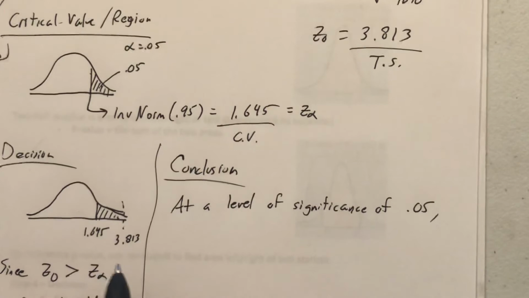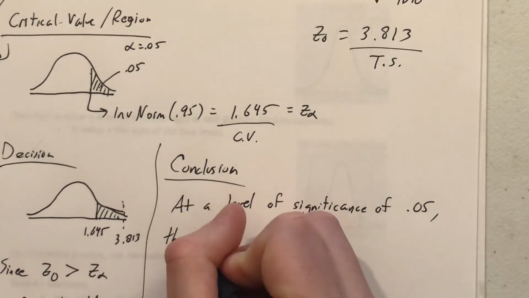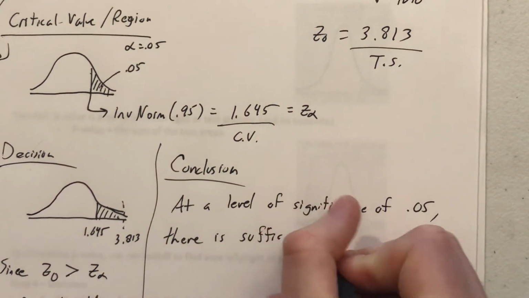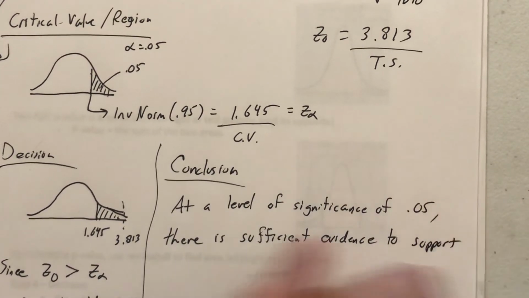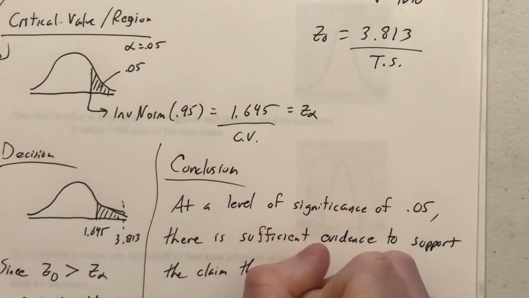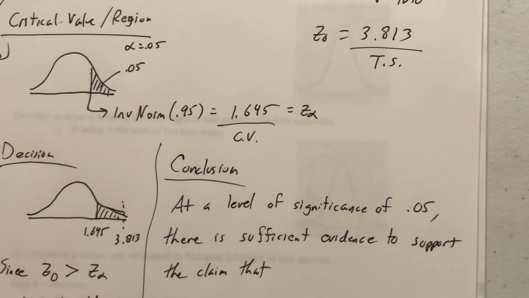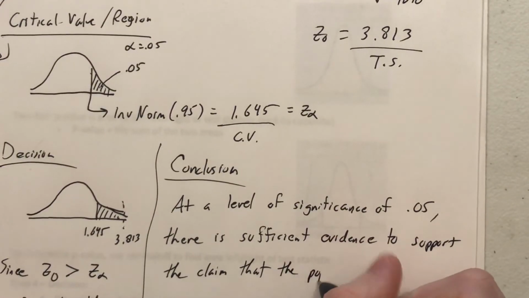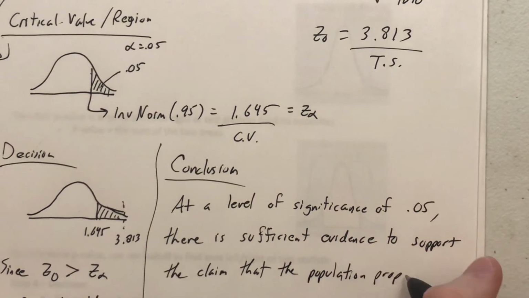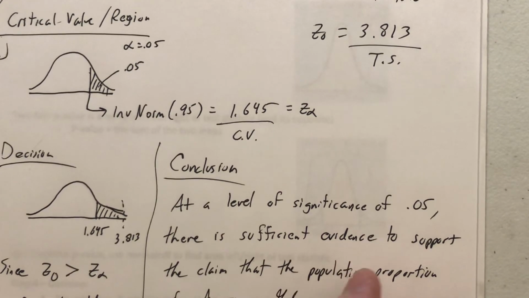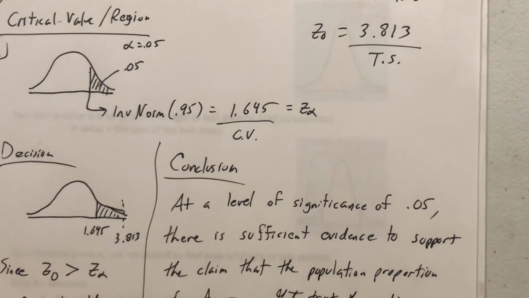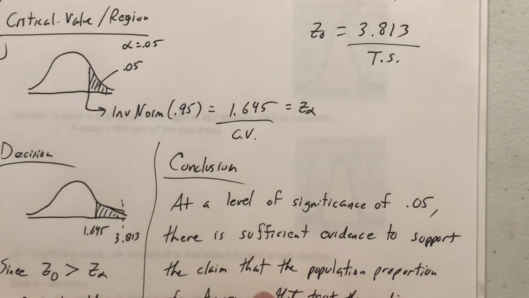If we're rejecting the null, that means we have evidence to support the alternative, so we can say there is sufficient evidence to support the claim that, and now we just take that alternative and put it back in words, that the population proportion of Americans that do not trust the media is greater than 0.46.